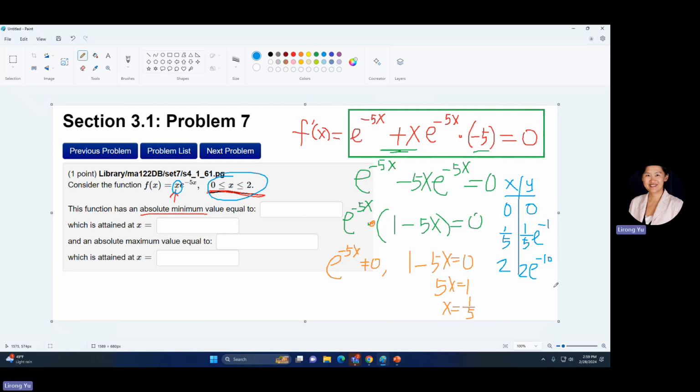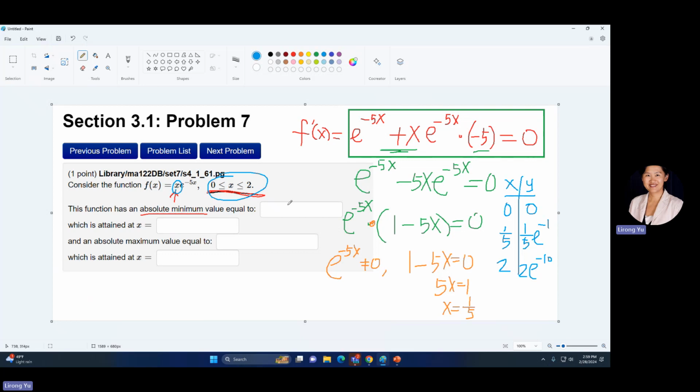Okay, now we can see that e to any number is positive. These two are positive numbers. That one is 0. 0 has to be the minimum. And the maximum depends on these two numbers. Which one's smaller? I believe this is the larger one. Yeah, that was the maximum. So now we know the maximum value and minimum value.